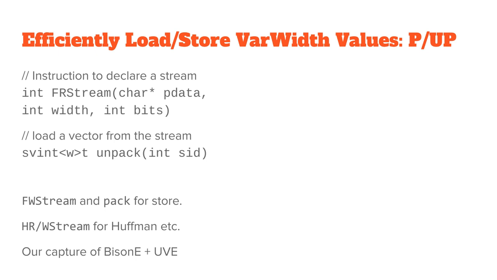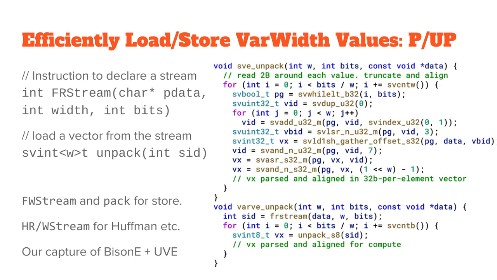Another instruction, unpack, actually triggers the unpacking of the stream values into a vector register. More instructions describing different streams are also included, but they all share the same unpack instruction.